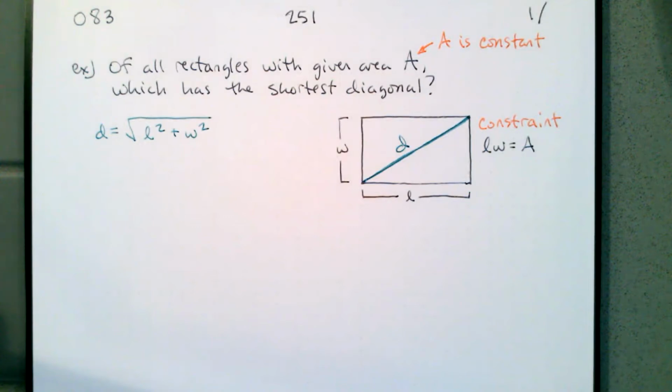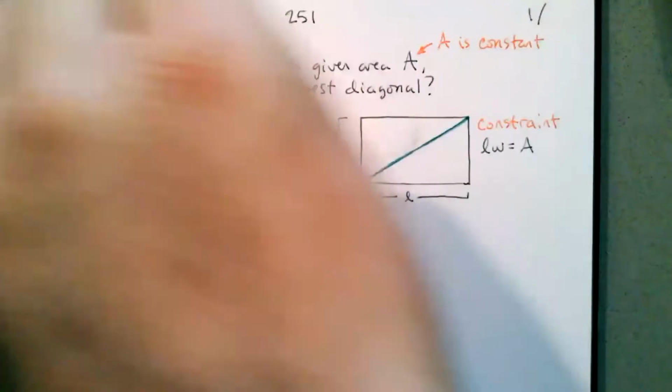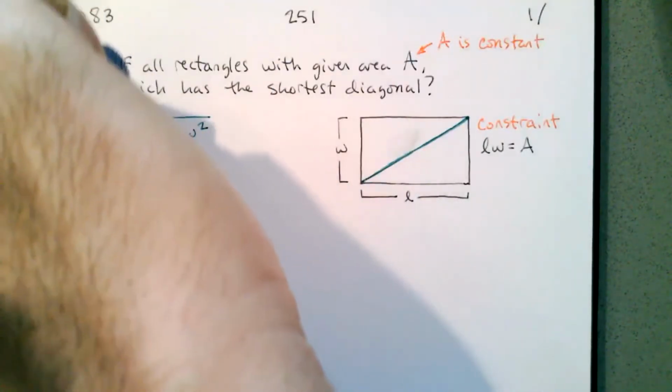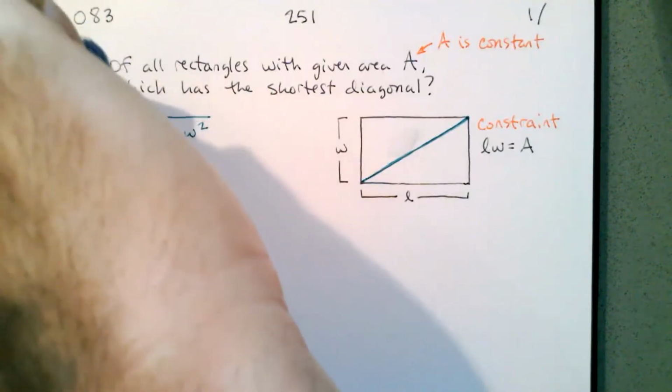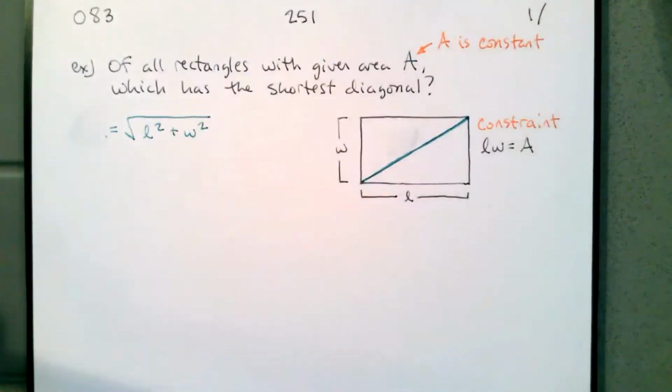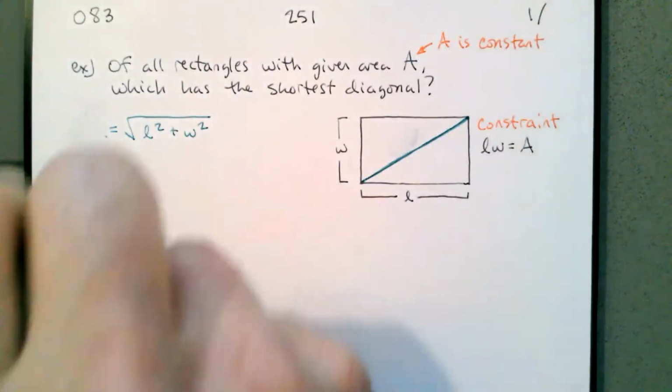Now, we want to take the derivative of, I shouldn't have called it lowercase d. Let's change the name of the diagonal to, let's say, something else.